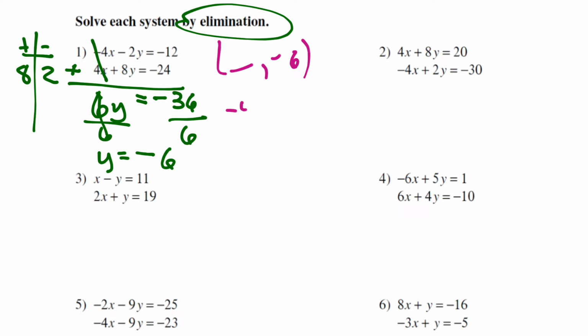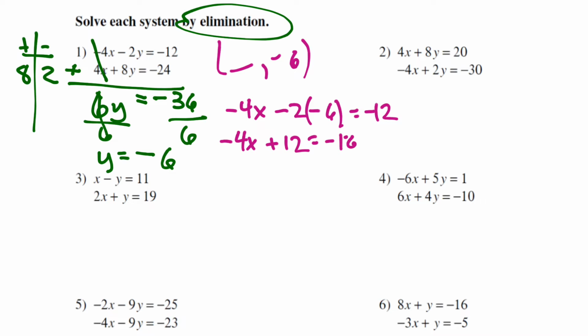So we'll say -4x minus 2 times y, which is -6, equals -12. -4x, -2 times -6 is going to be +12, equals -12. And then I want to isolate the x here, so I'm going to subtract 12 from both sides. 12 minus 12 is 0, so this will cancel out.